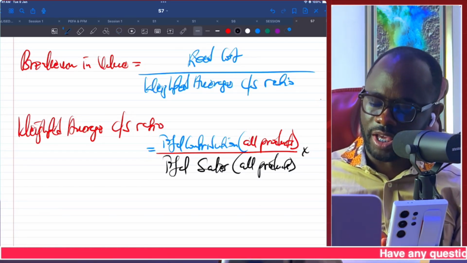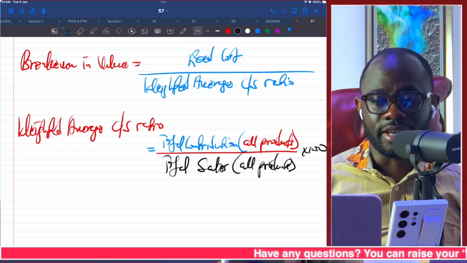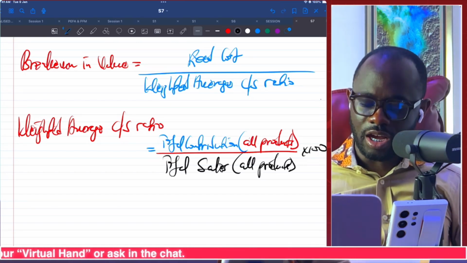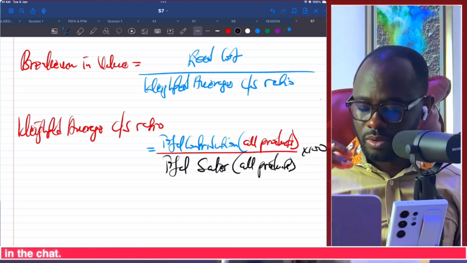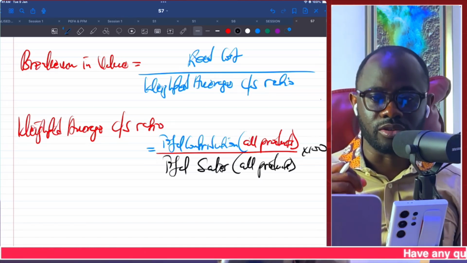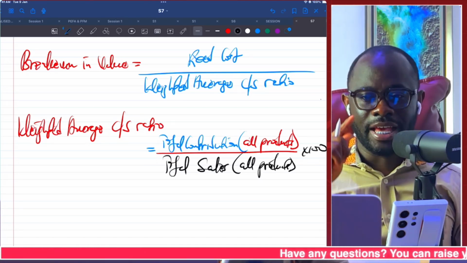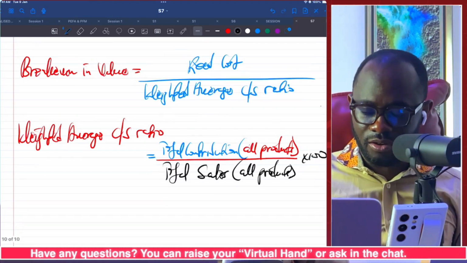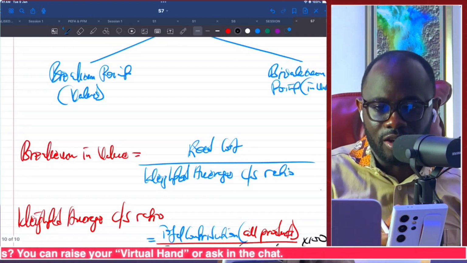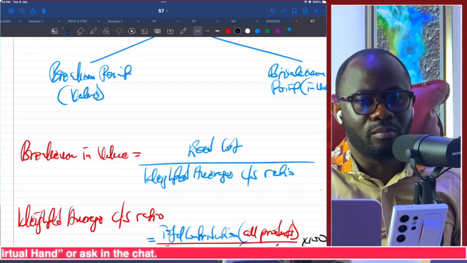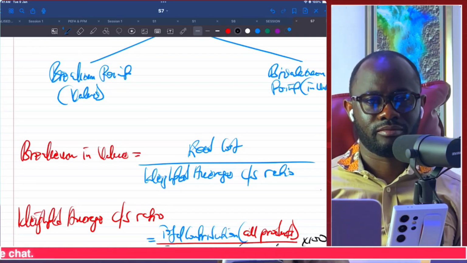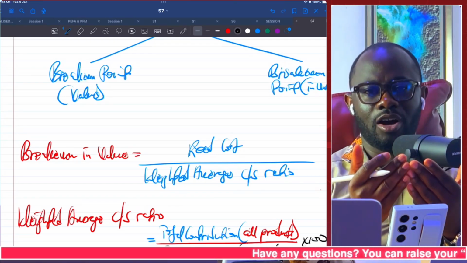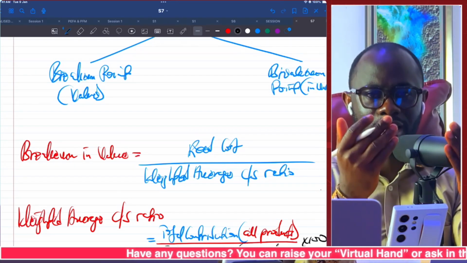This is how we calculate weighted average contribution to sales ratio: total contribution from all the products divided by total sales from all the products. Then you have your fixed cost. Then you can calculate the break-even point in value for the multiple product environment. Again, that break-even point in value will be for the entire organization or the entire company.